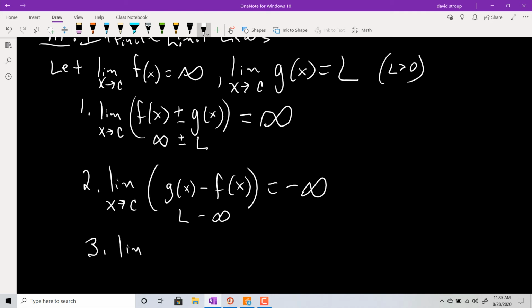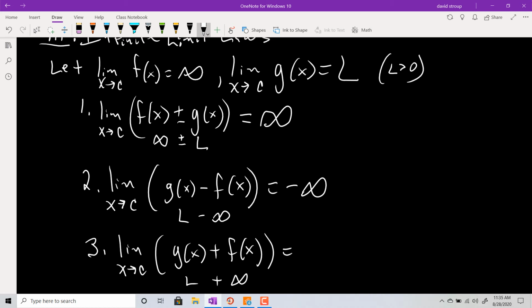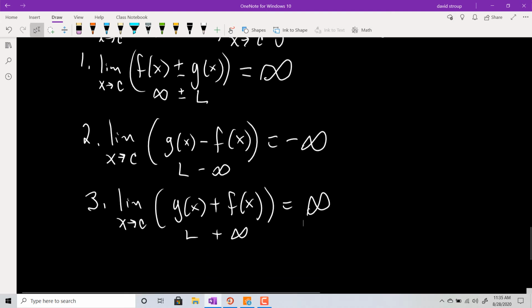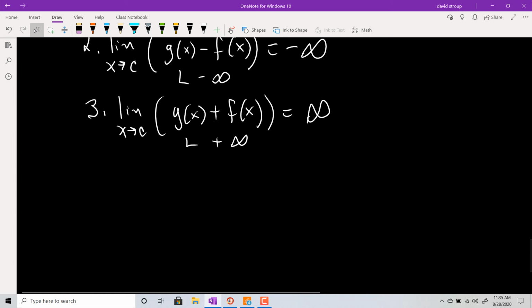If you go limit as x goes to c of g of x plus f of x, that's going to be L plus infinity, and regardless, even if L is less than 0, it's still going to be infinity. Okay, so adding a constant into something that's just getting bigger and bigger, so long as the constant's always the same, won't affect the fact that it's always going to get bigger and bigger.